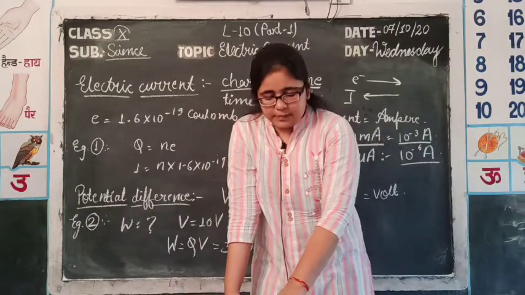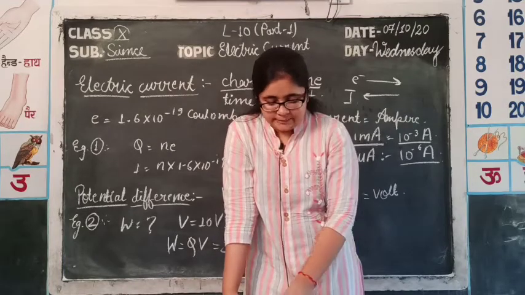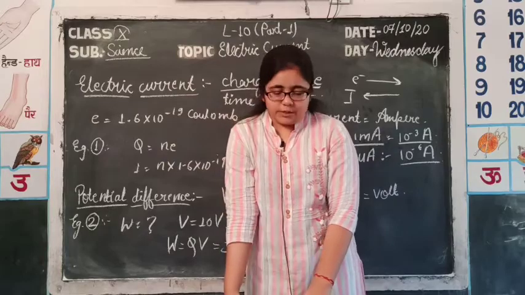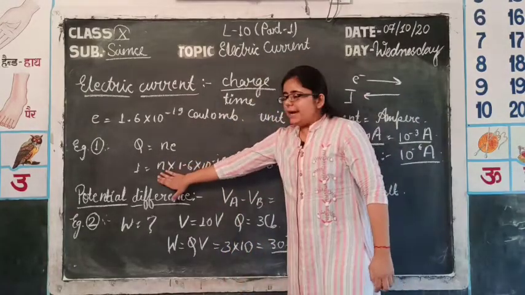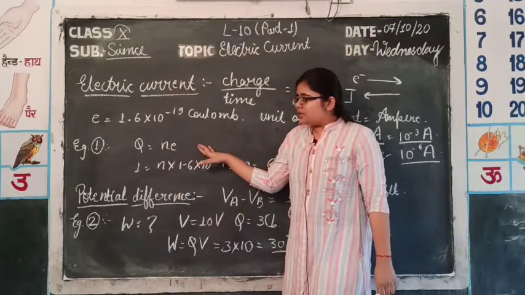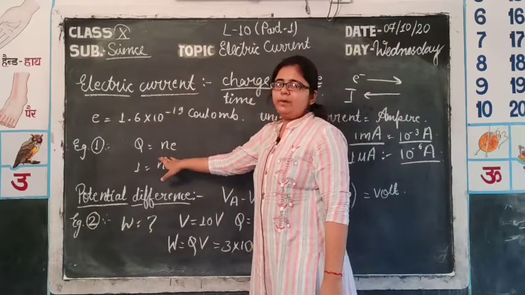One example is given in your book, example 1 on page number 132, that is, find the number of electrons in 1 coulomb of charge. Charge is given, total charge is 1 coulomb, and total charge is equal to the charge of one electron multiplied by n, the number of electrons.